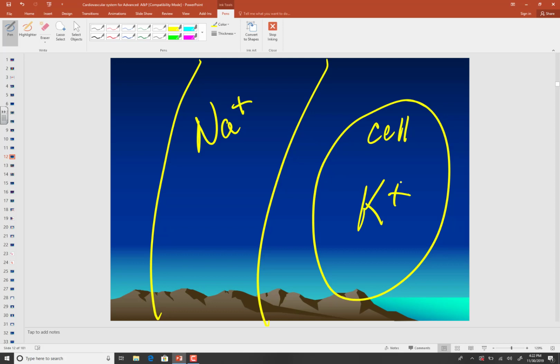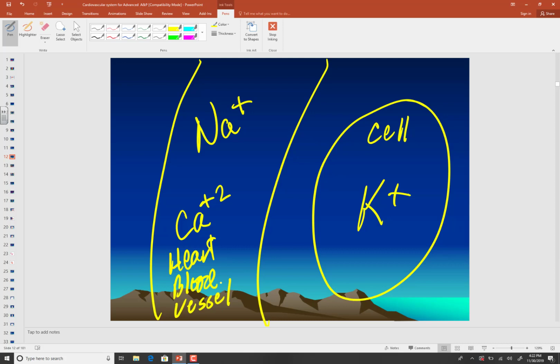And calcium, at least for this class, I'd like you to understand that there's more calcium in the blood than there is in the cell. And the reason I want you to understand that is that the heart and blood vessels rely on calcium from the blood to contract.